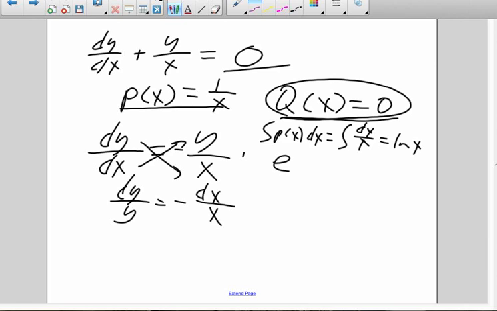So u then is going to be equal to e to the natural log of x, which is x. All right? And if you actually take a look at this, what's happening is that our q of x times u of x equals 0.